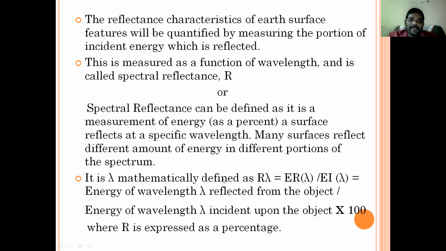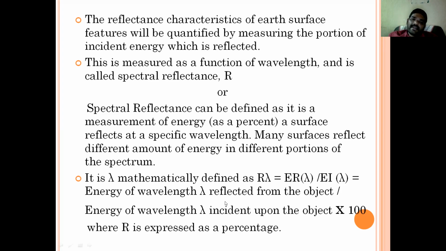Here R is the spectral reflectance at one particular wavelength, so we can get the spectral reflectance of a particular spectral band, maybe the X band, gamma band or ultraviolet band.